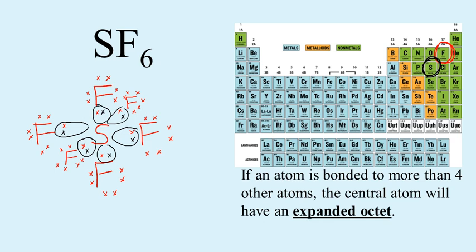And so, you know, those fluorines have an octet, but the sulfur atom is just going to have to live with 12. And so this central atom is going to have what's called an expanded octet. And that's going to happen anytime that there's a central atom bonded to more than 4 other atoms at the same time. So here's another exception to the octet rule.